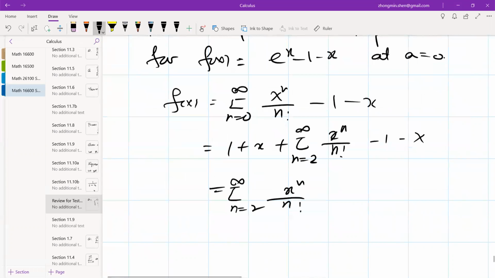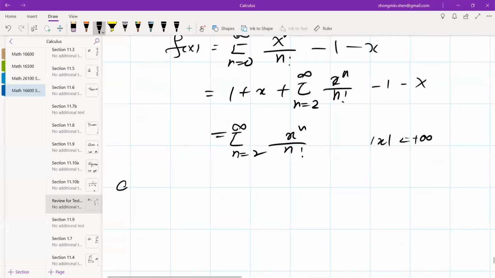Right, start from 2. And you have to say when it's convergent, so it is convergent for any x.